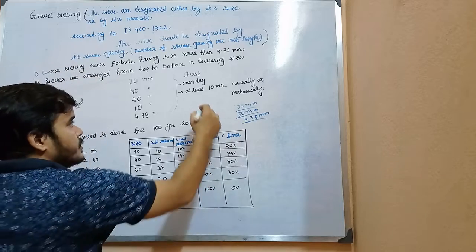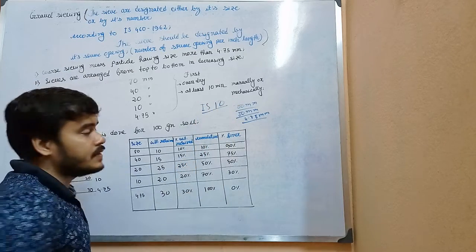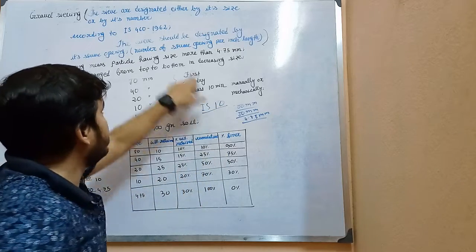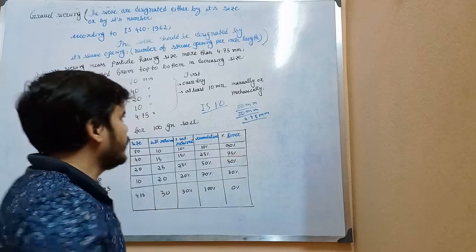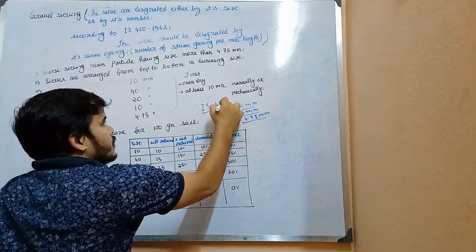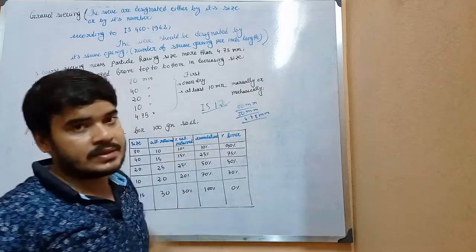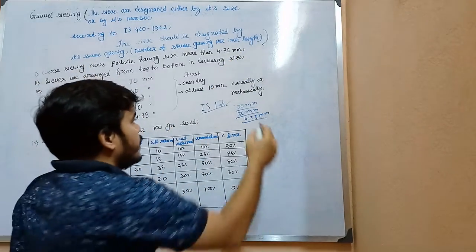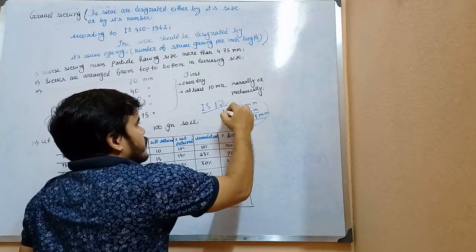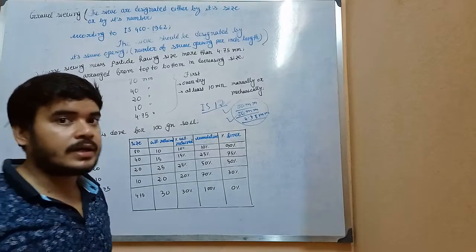If anyone says IS sieve 10, that means there will be 10 square openings per inch length; if IS 12, there will be 12 square openings per inch length. But generally we distinguish the sieves by size: 80 mm, 4.75 mm, 75 micron and 2 micron.